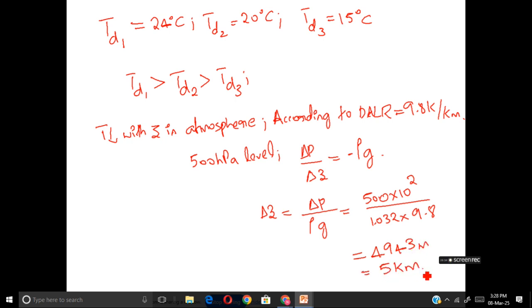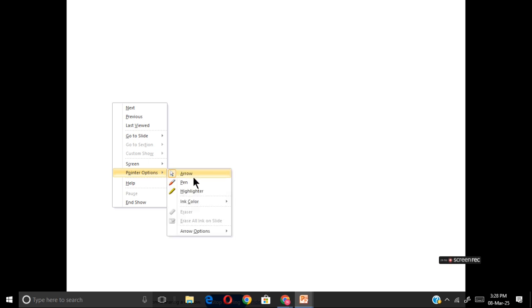So when we say a level of 500 hectopascal, it basically means at a height of 5 kilometers. At the height of 5 kilometers, what will be the temperature according to the dry adiabatic lapse rate? The dry adiabatic lapse rate dT by dz we know is 9.8 Kelvin per kilometer.